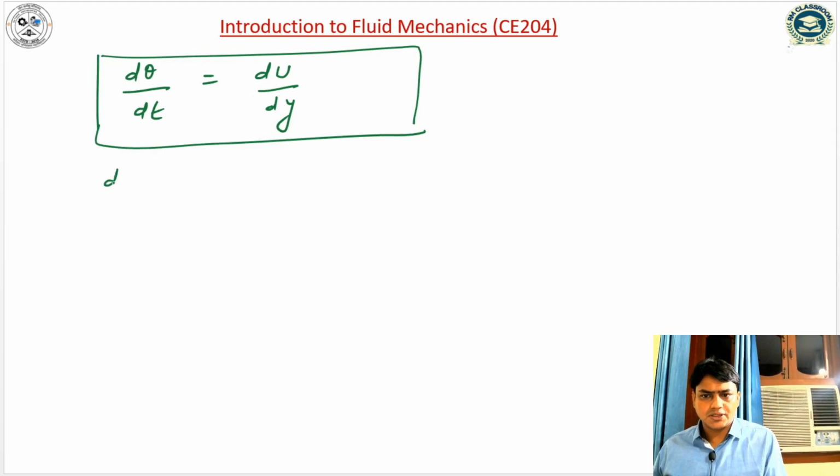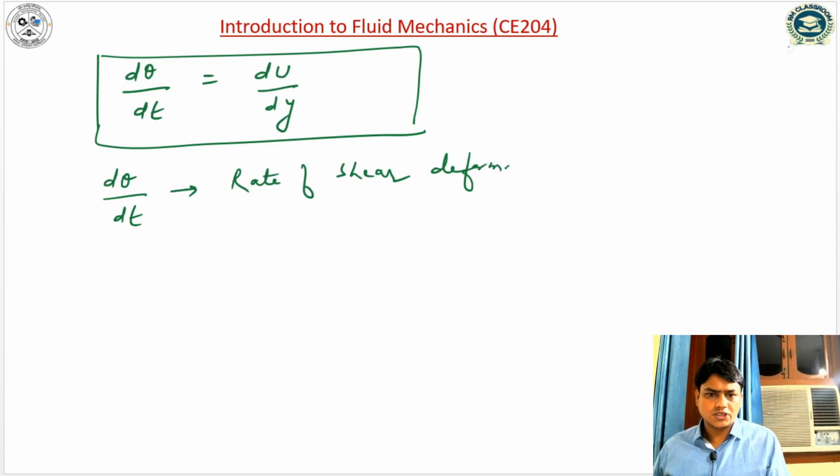What is d theta by dt? D theta by dt is the rate of shear deformation, and du by dy is the velocity gradient.